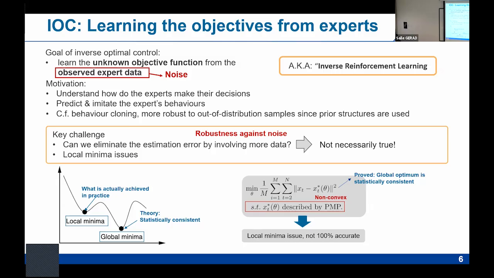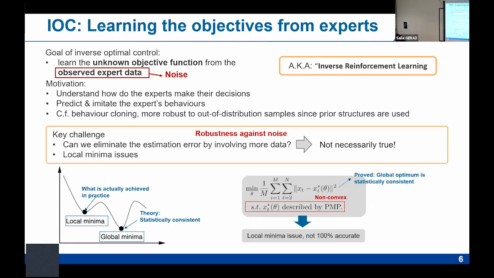Hopefully, by adding more data, my theta estimation, or objective function, can converge to the true objective function. This is what we call the consistency property, namely robustness against noise. The second one is the local minima issue.